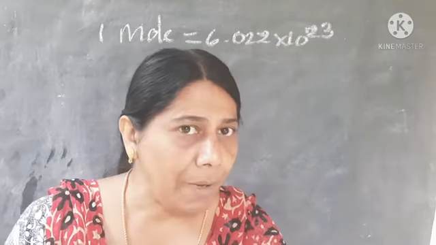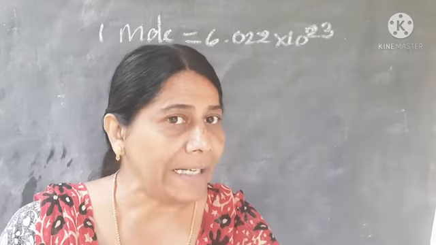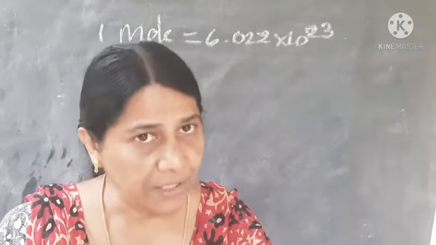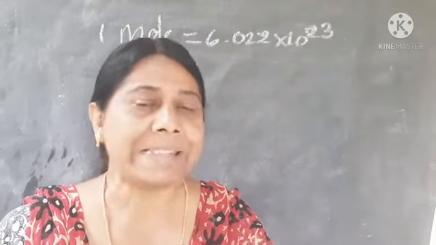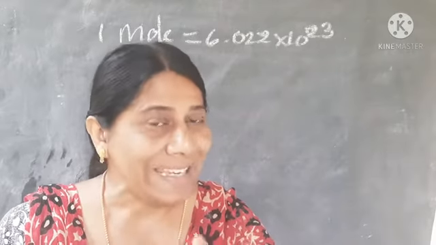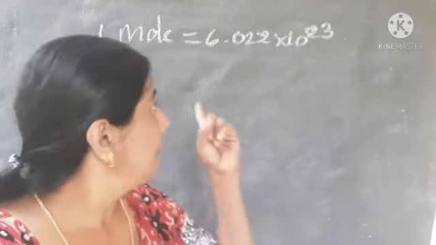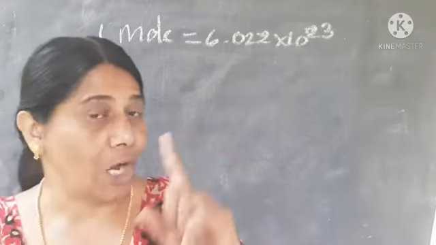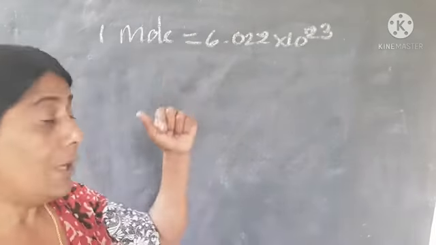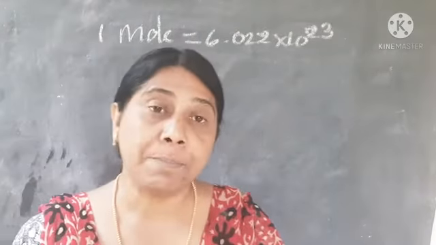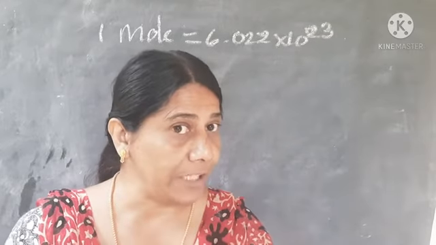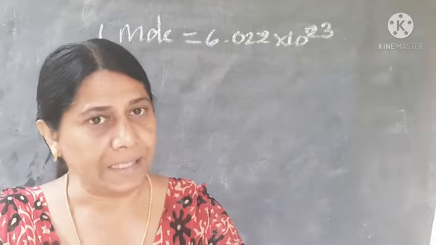If the atom is measured in mass, it is very difficult. So they started to measure its quantity in numbers. The term that is used is called mole. So 1 mole is equal to 6.022 into 10 power 23 number of atoms.